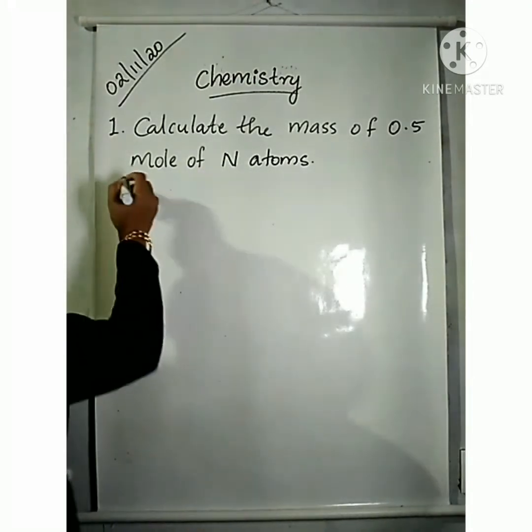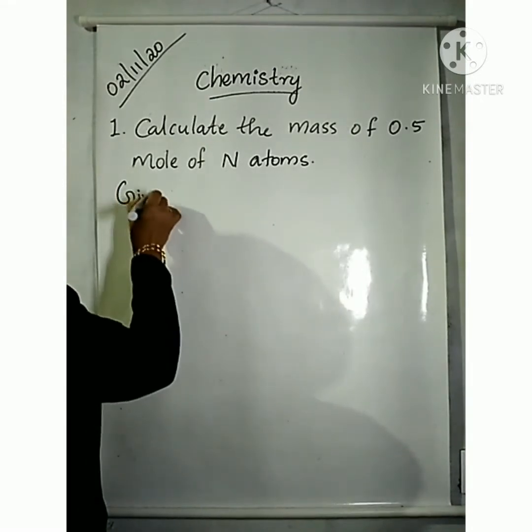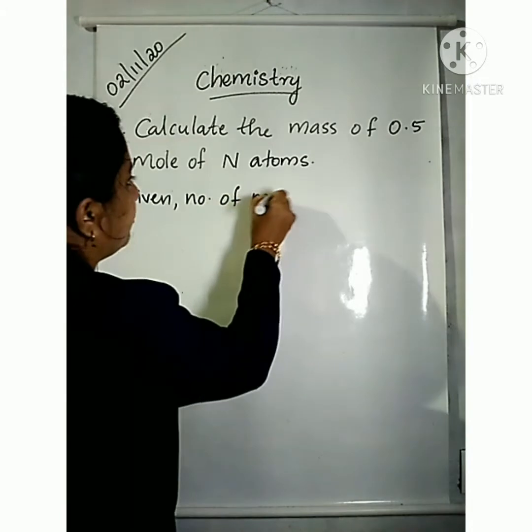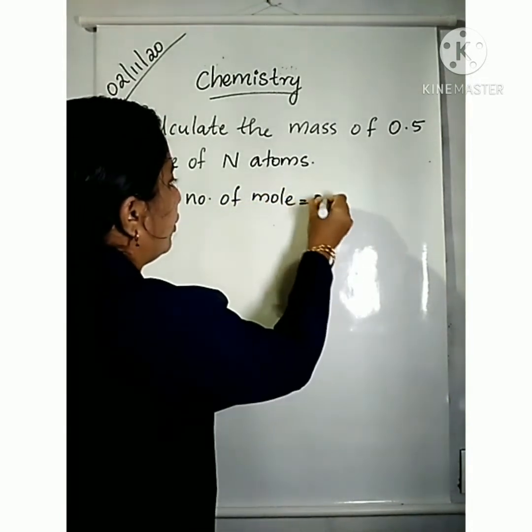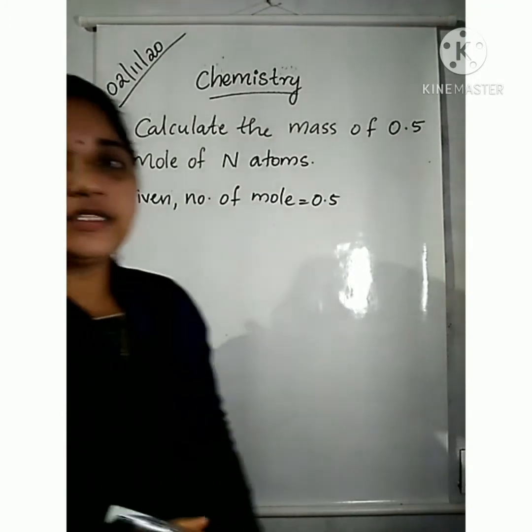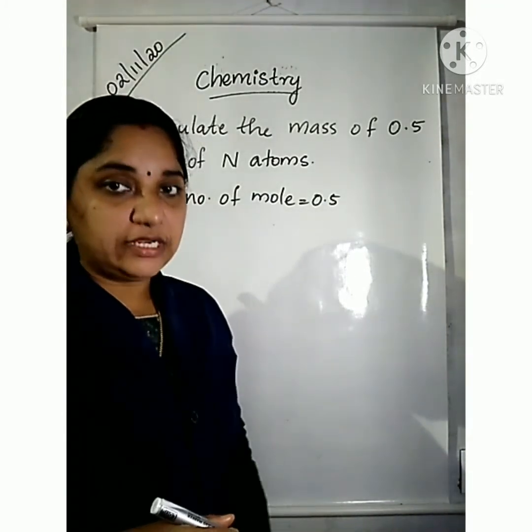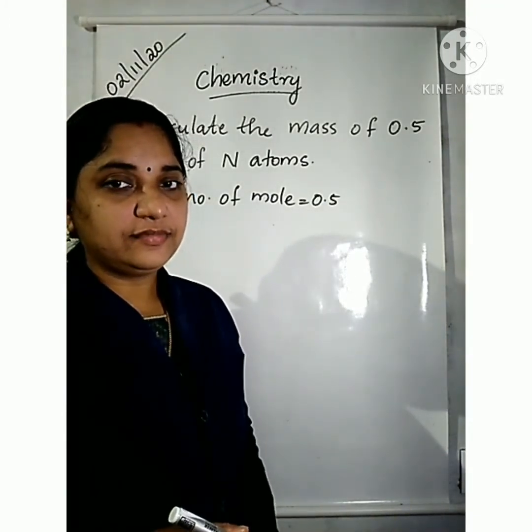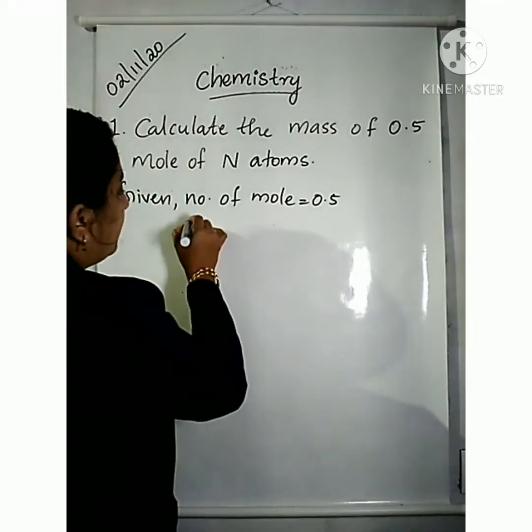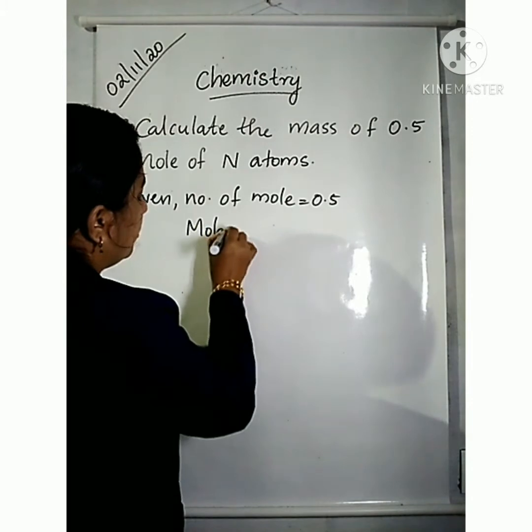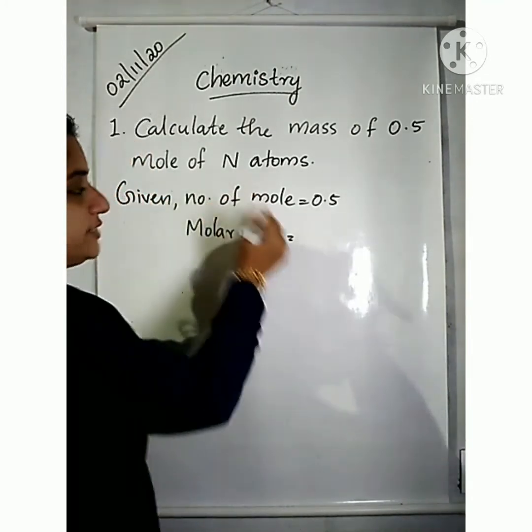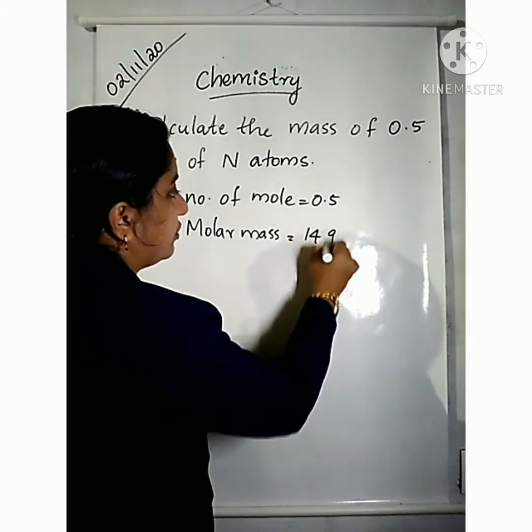So the given details are number of moles, that equals 0.5. Then what is the molar mass or atomic mass of nitrogen atom? Yes, that is 14, that we already know. Molar mass or atomic mass of nitrogen atom is 14 gram.